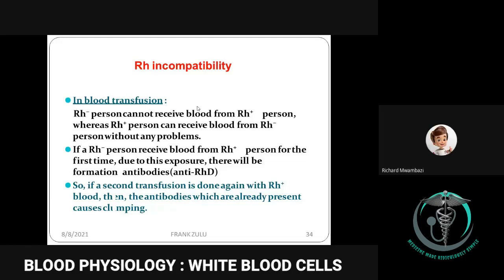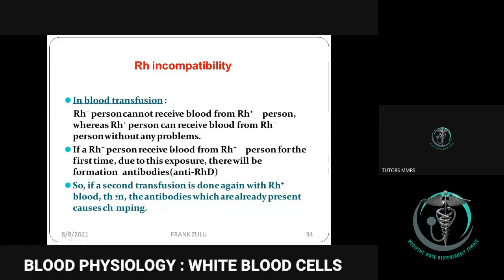I didn't get your question, sir. Repeat, I'm lost here. If the mother is Rh positive and the baby is Rh negative, someone who is Rh positive from your discussion does not have anti-D antibodies, isn't it? These antibodies are not present. So there will be nothing to cross the placenta because the mother doesn't have any antibodies. Antibodies are only produced when the mother is Rh negative and they've been exposed to Rh positive blood.